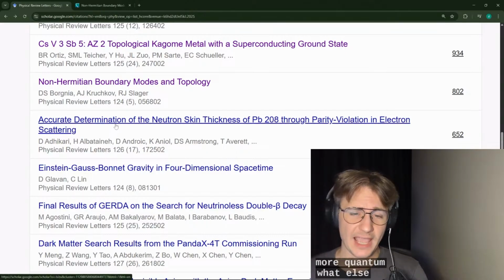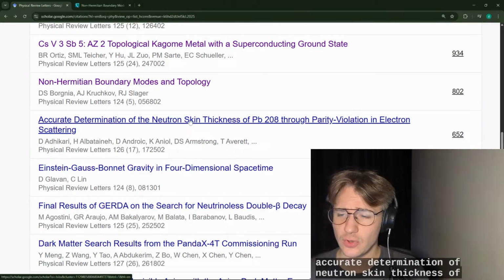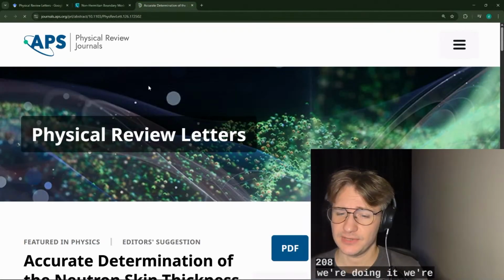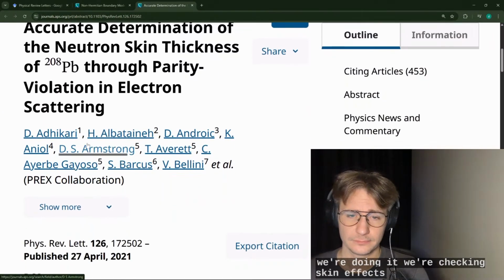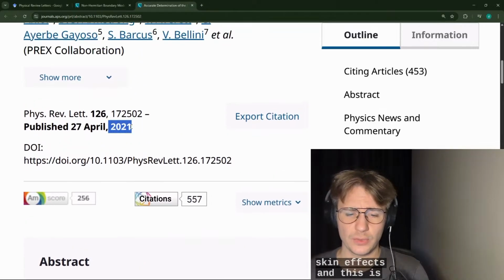What else do we have here? Accurate determination of neutron skin thickness of lead-208. We're doing it. We're checking skin effects. And this is 2021.